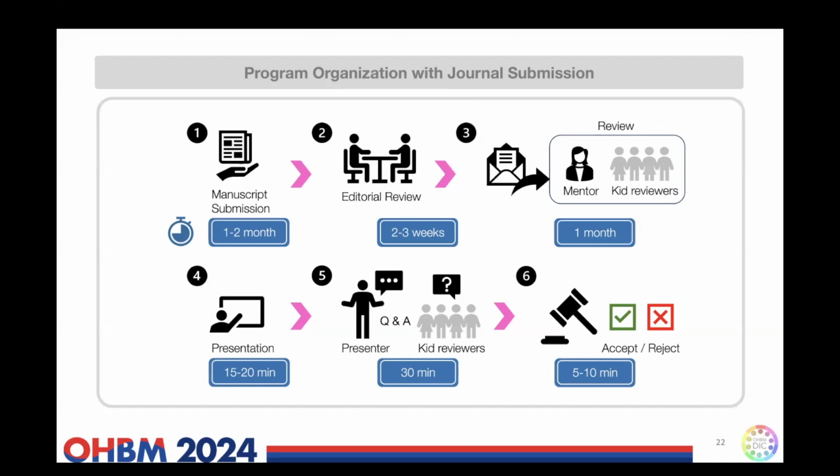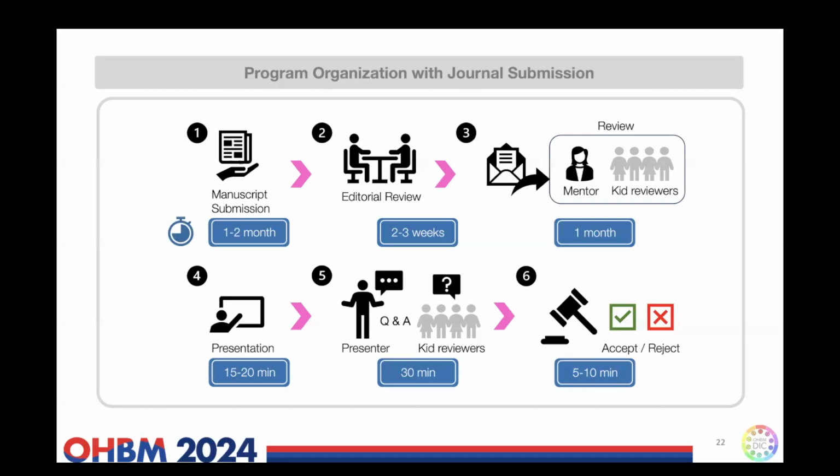And then at the live event, the kid reviewers and mentors will be participating in person or virtually to listen to the talk by the presenter, and they can have about 30 minutes or less or more, depending on the moderator's plan.